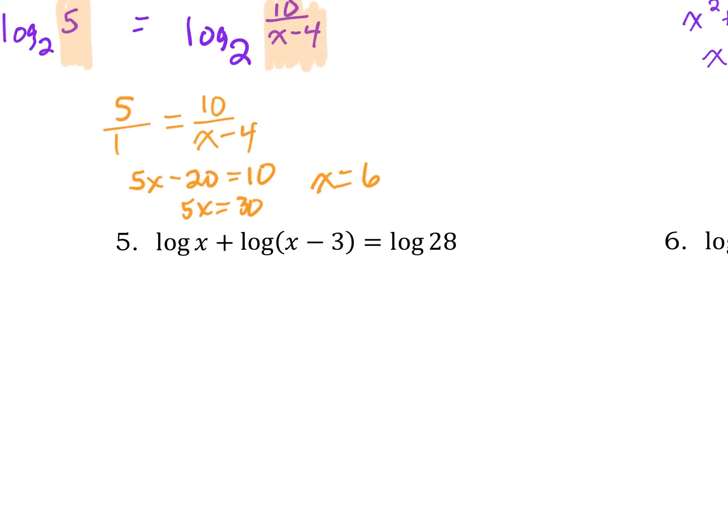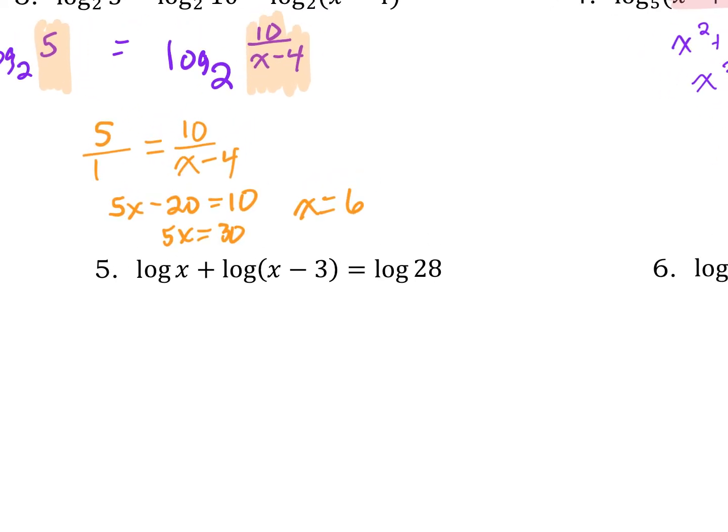So using our properties here, I'm seeing addition. So that tells us that we are going to rewrite this left-hand side as the log of x times x minus 3. And that's going to have to be equal to the log of 28. So that tells us then that we've got x squared minus 3x is equal to 28.